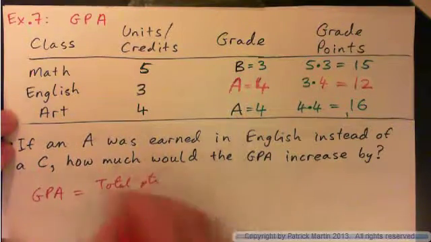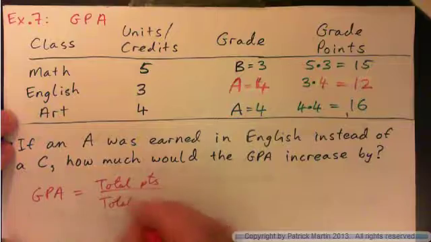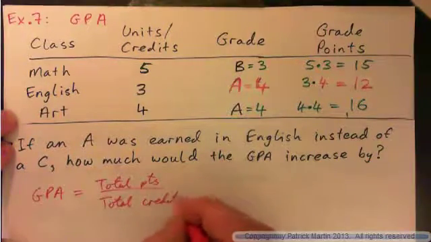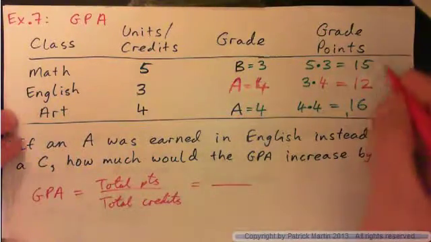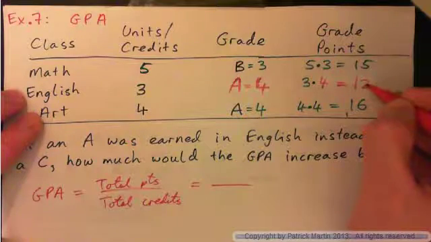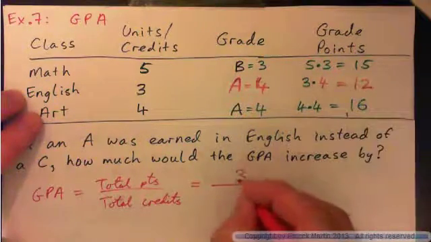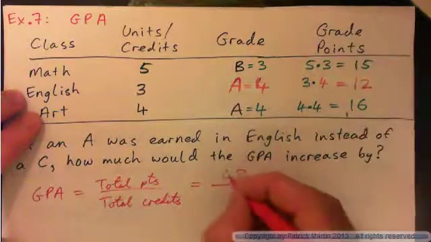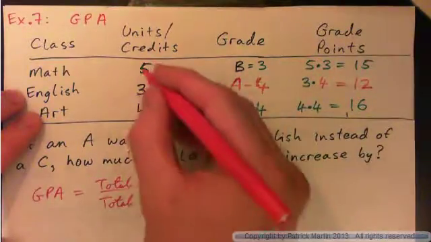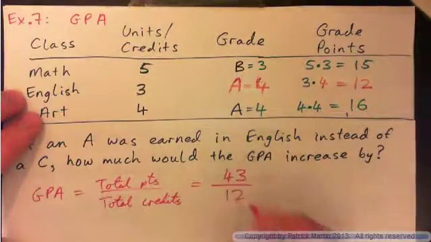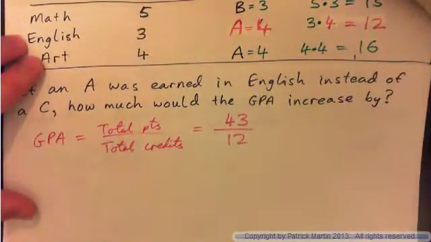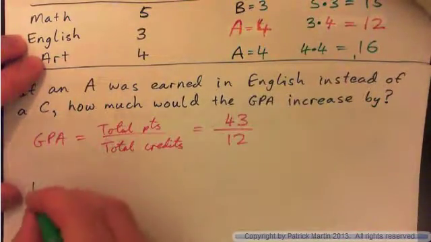total points over total credits, or units, which this time is 5 and 2 is 7, and 7 and 3 is 13, carry the 1, and that's 43 points altogether over the 8 and 4, 12, right? And so this time I divide 12 into 43.